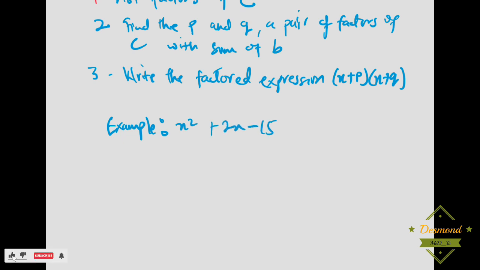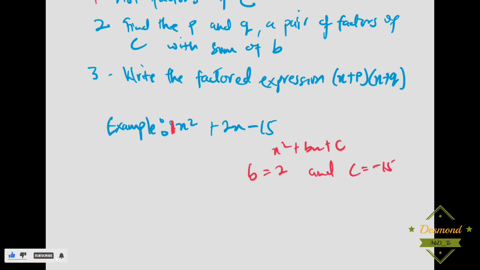The first thing we need to do is note that we have a trinomial with a leading coefficient of 1. This is the first thing that you need to remember. The leading coefficient is just 1. You can see it's 1, but we don't write it. Comparing with x squared plus bx plus c, our b is 2, and our c is negative 15.